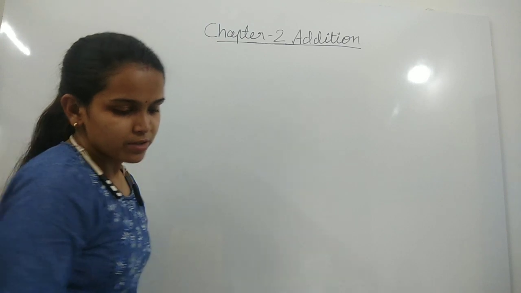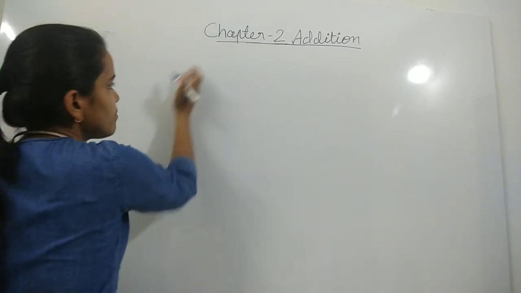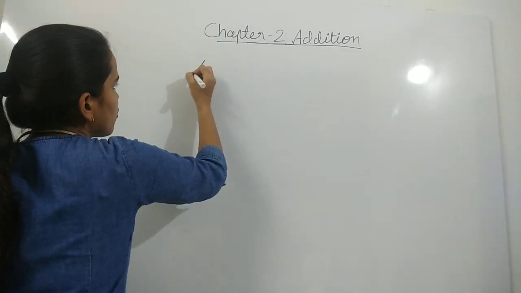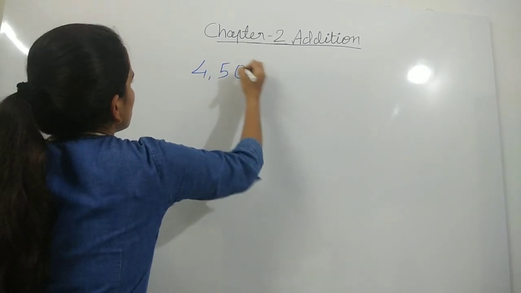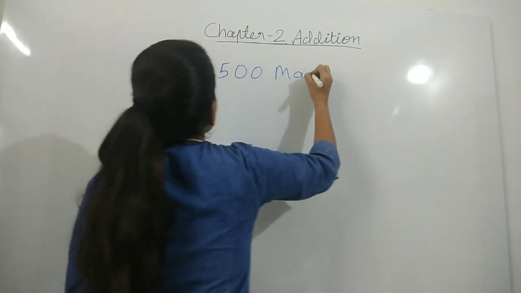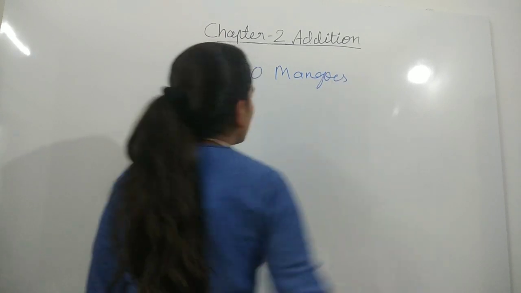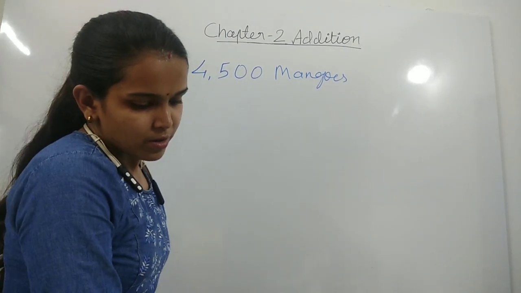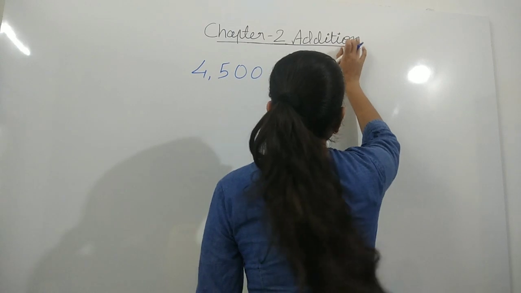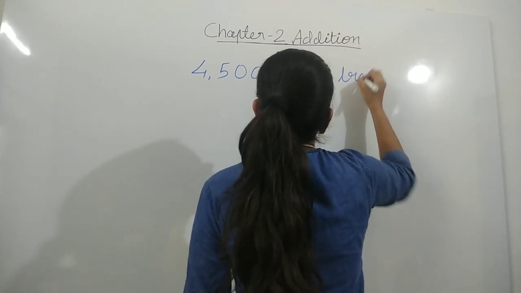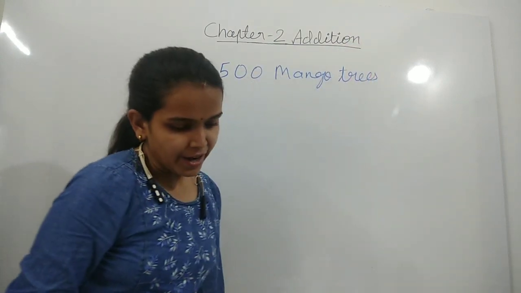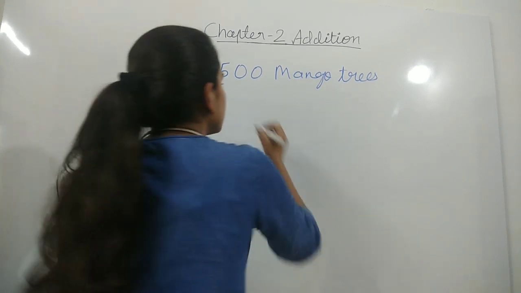In a garden, there were 4,500 mango trees. And 2,000 coconut trees.